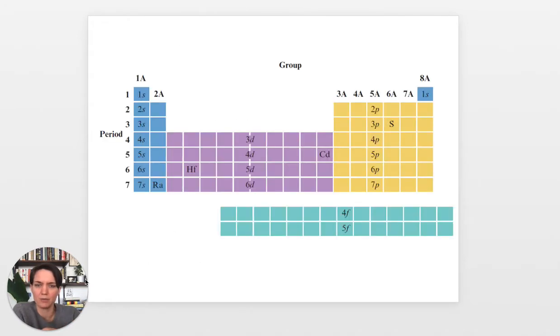Okay, so let's work through this. We're going to use this figure of the periodic table. Hopefully you recognize it as that, even without very many elements labeled. So we're going to use this to illustrate all of these quantum numbers. So that's why I just have this in here.